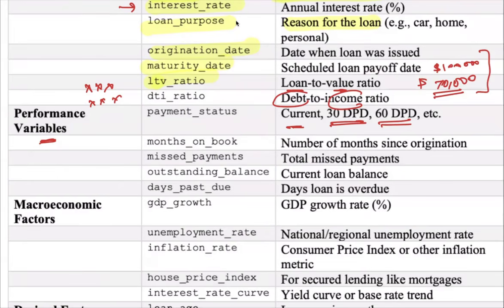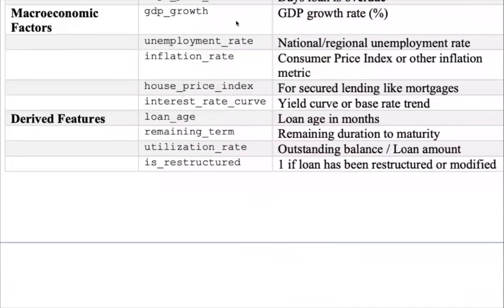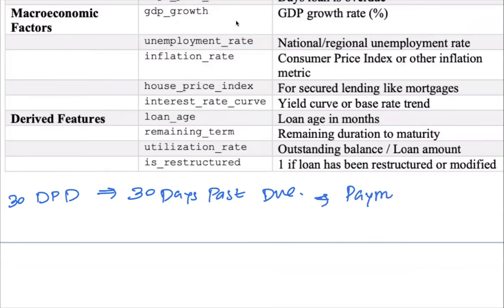DPD means days past due. So 30 DPD means 30 days past due. What it means actually is that your payment is overdue by 30 days.